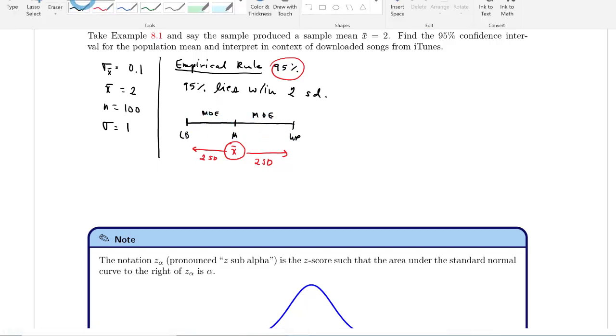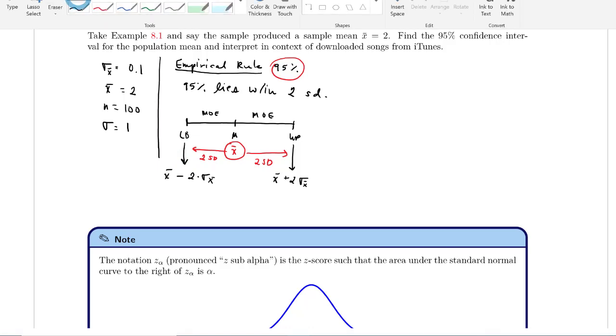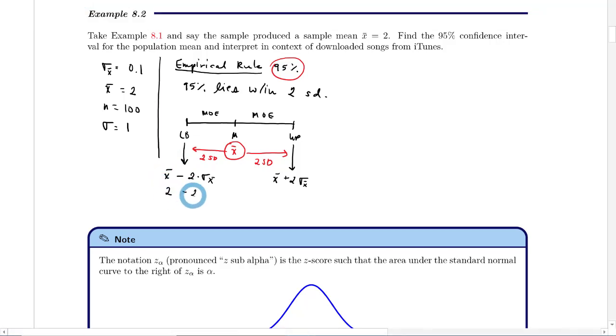So let's go ahead and calculate that first. So that means the lower bound is X bar minus 2 standard deviations, and the upper bound would be X bar plus 2 standard deviations. And notice we use the standard deviation with respect to the sample mean because we don't want to use anything outside the sample, right? Well, this just means that we have 2 minus 2 times 0.1 and then 2 plus 2 times 0.1.